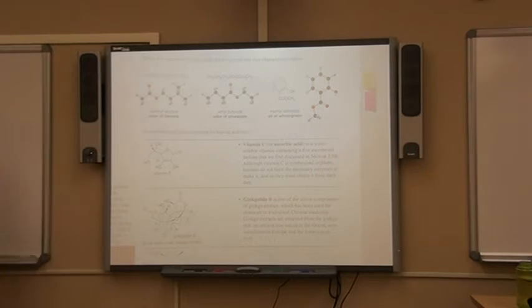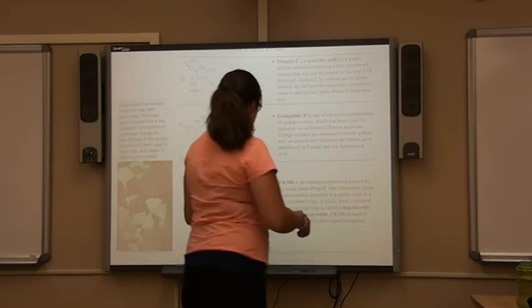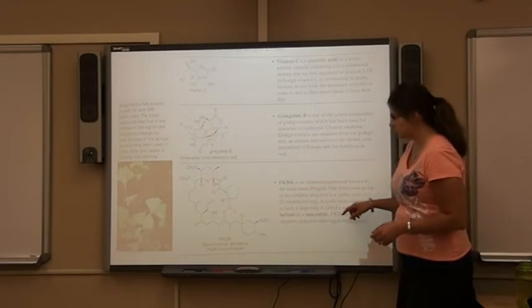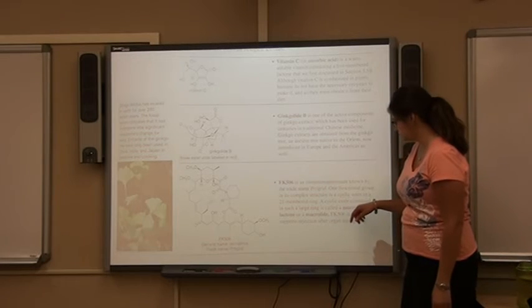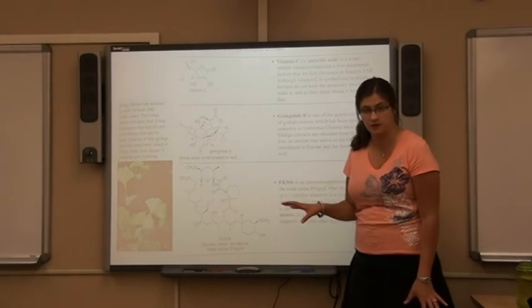This compound is ginkgo extract, and hopefully we can see it. This is an immunosuppressant drug that is used to treat patients. And as you can see, that has many, many functional groups.